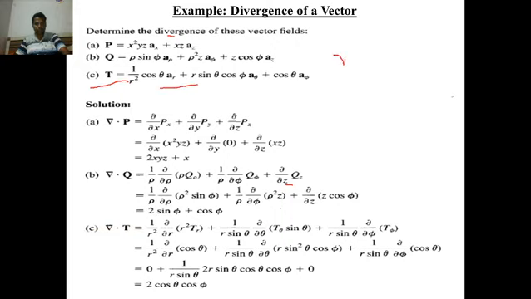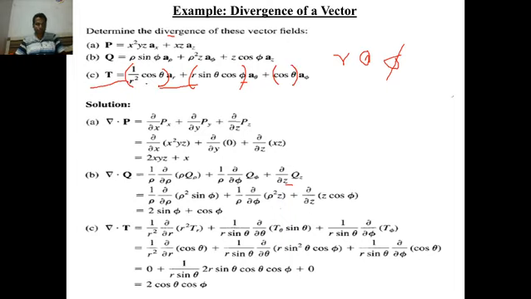R is mentioned, theta is mentioned, and phi is also mentioned. So what is the r component of T bar? This is the r component of T bar. What is the phi component? This is the phi component, and this is the theta component.